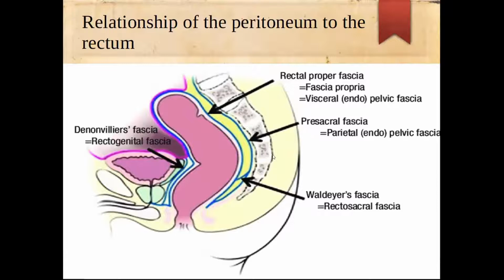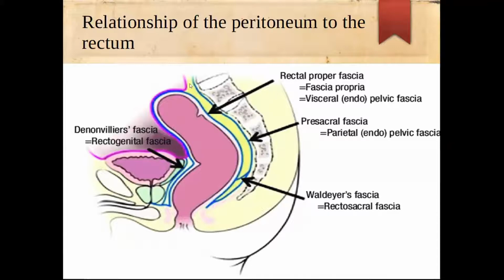You need to understand, for example, this is the rectum. Around the rectum is the mesorectum, which contains blood vessels, lymph nodes, and everything. Covering the mesorectum is the rectal proper fascia, if you see here. Okay, and this is the rectal proper fascia.